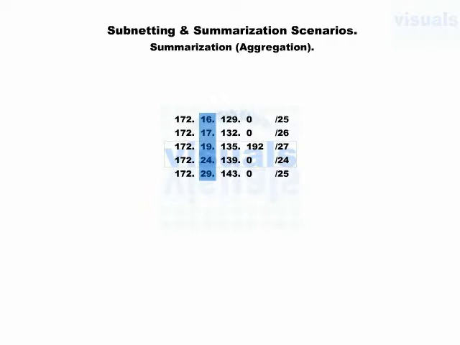Okay, let's analyze. Well, the difference of 16, just look at which subnet mask provides us the block size of 16. So 128, 192, 224, 240, yes, 4 bits.